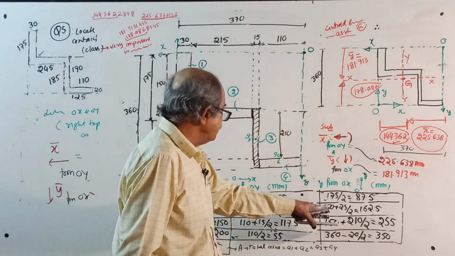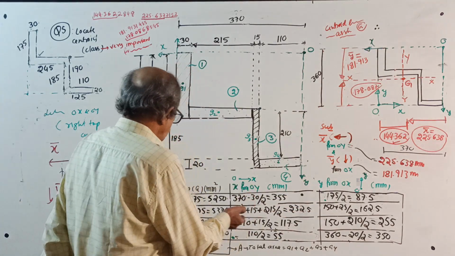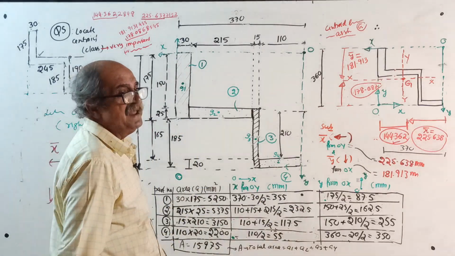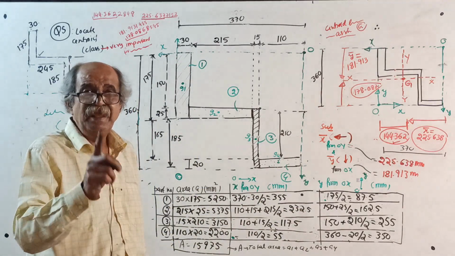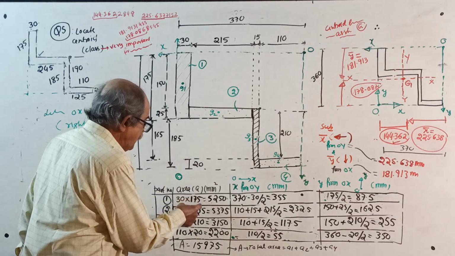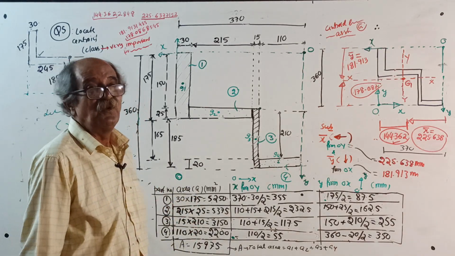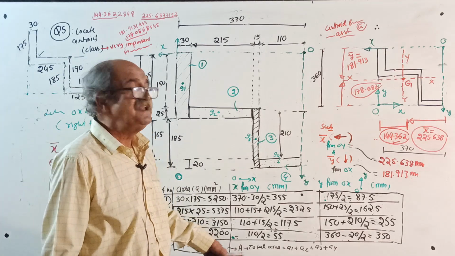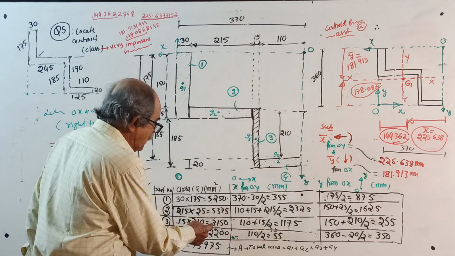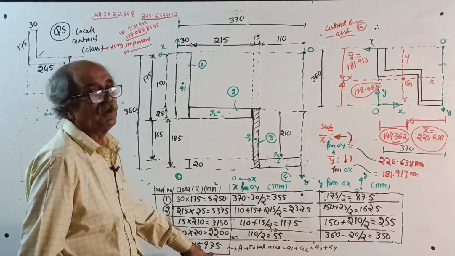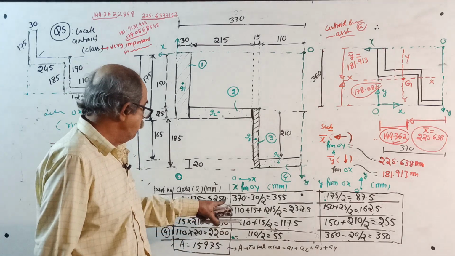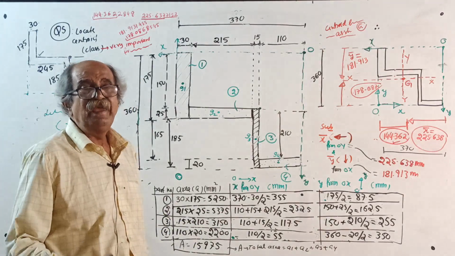Then slowly I checked it. Suddenly I realized, oh, area. Even though the total area remains the same, the component areas will change, so you should change accordingly. The total area is correct, but the component areas will change.